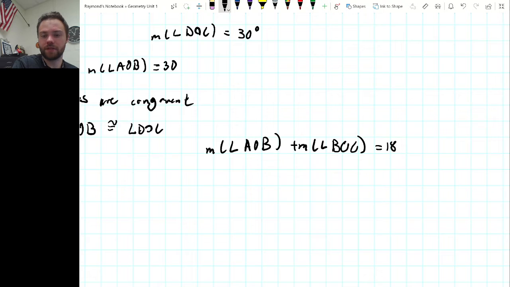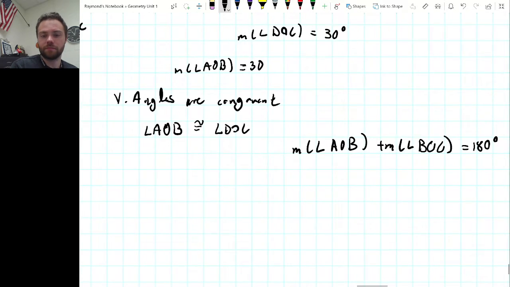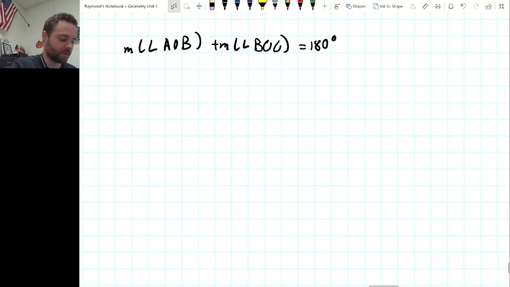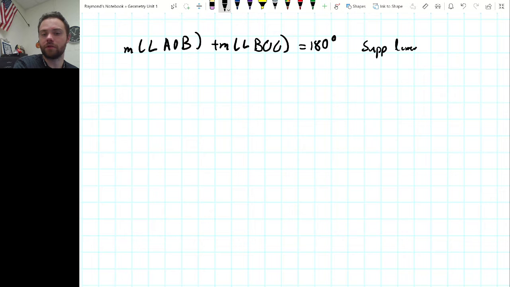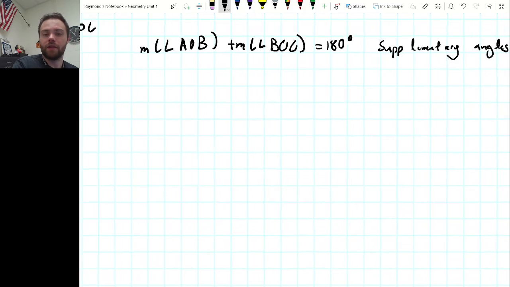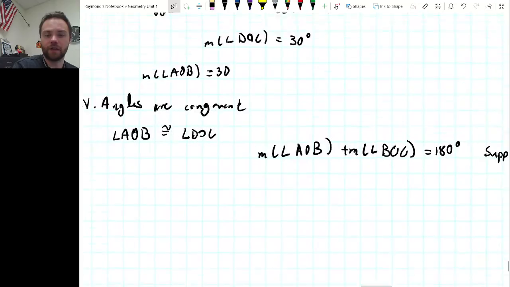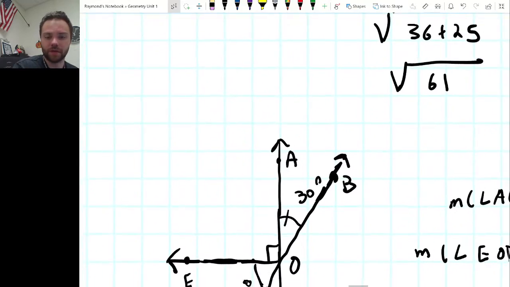And the reason is they're a supplementary pair. Okay, so that's a supplementary pair. They add to 180, or a linear pair. And we know that angle AOB is 30 degrees. We just found that.